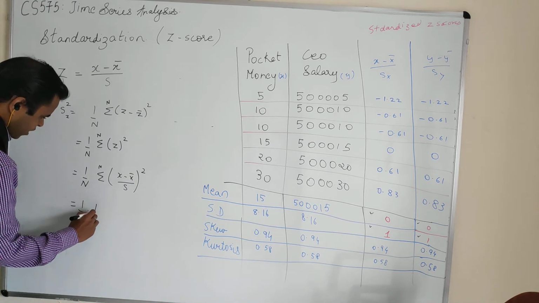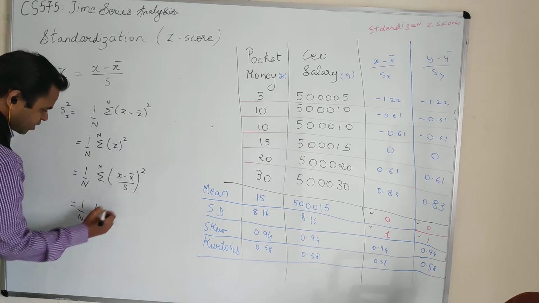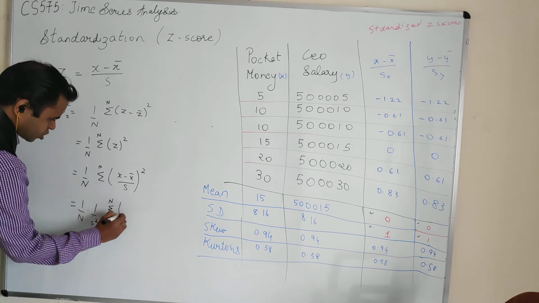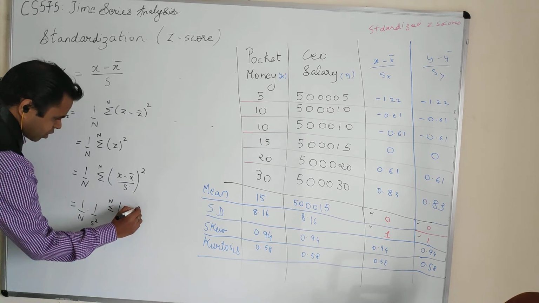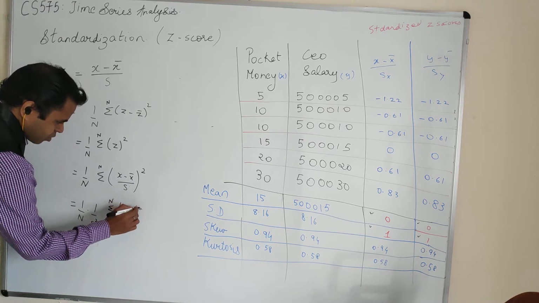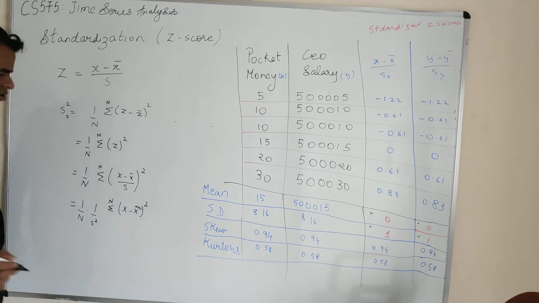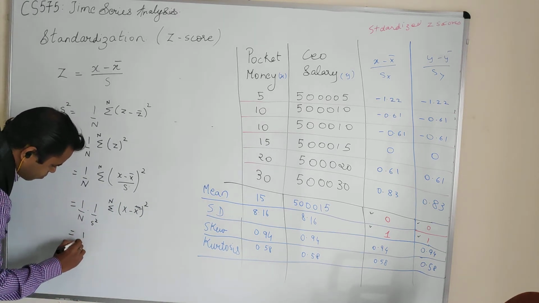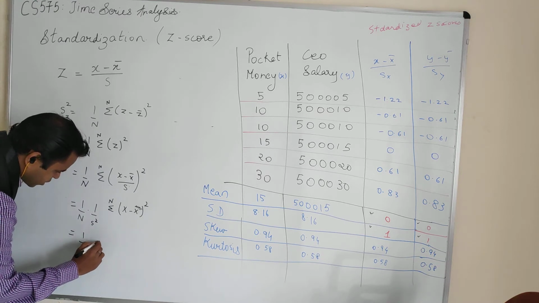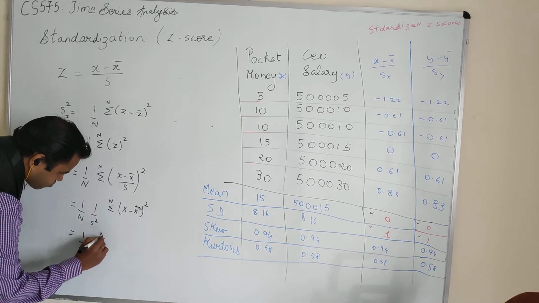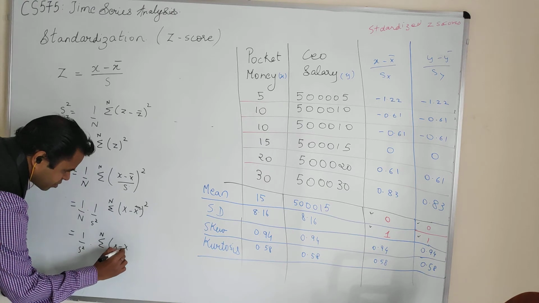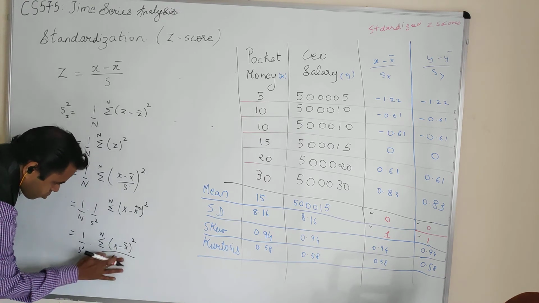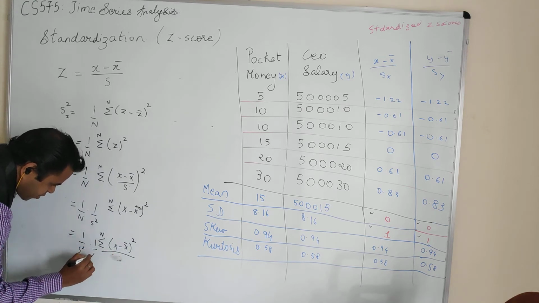So I do 1 by n, and since this is a square term, 1 by s square will come out, and I am doing the summation of x minus x bar, the whole square. Now I am just rearranging this term: 1 by s square into the summation of n values, let me write it 1 by n.